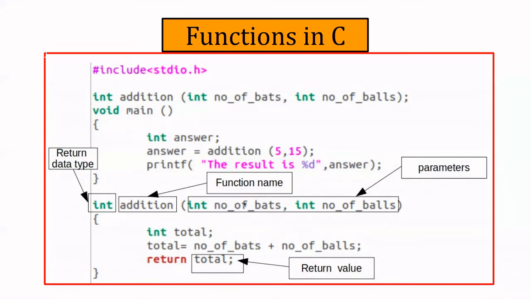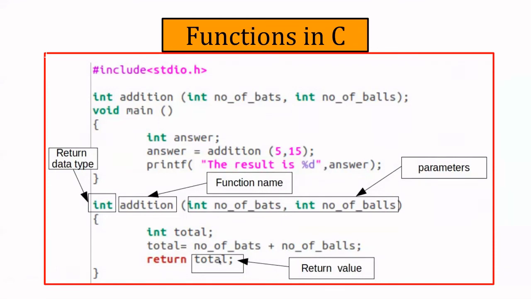But we can pass values from here to this function using number of pets, number of balls, value 1, value 2, like this. These numbers will be passed to this function, and number of pets plus number of balls will be assigned to the total. Then return total.